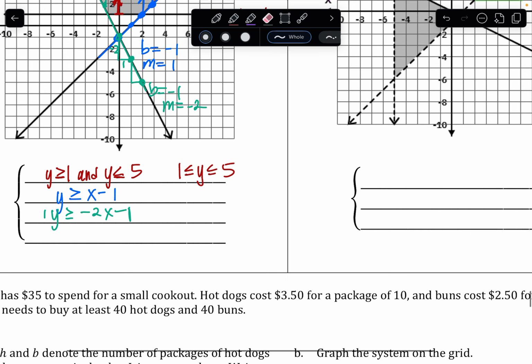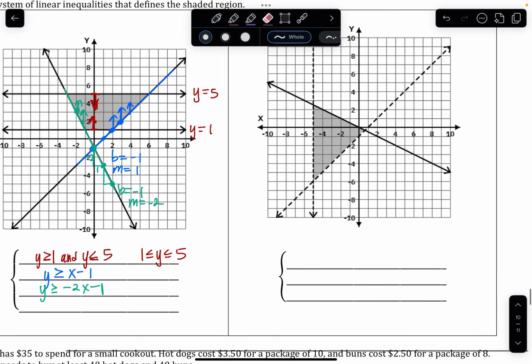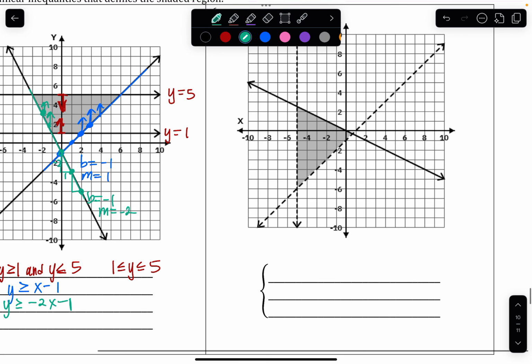Okay, and so for this next one, we have a vertical line. So let's start there. This vertical line is x = -5, and it's shading to the right. Okay, so we know that's greater than. So x greater than -5. No line because it's dotted.